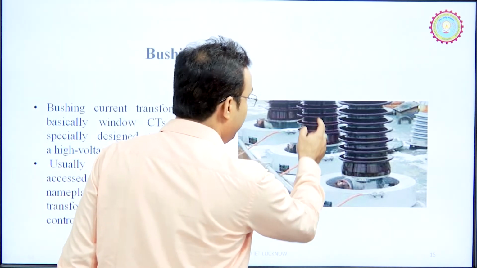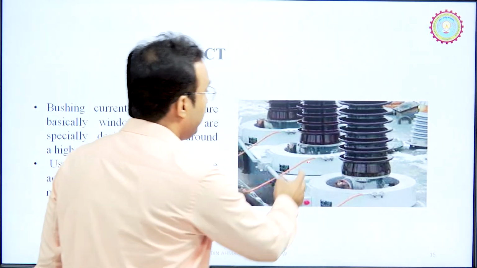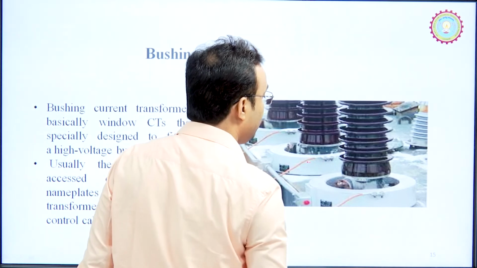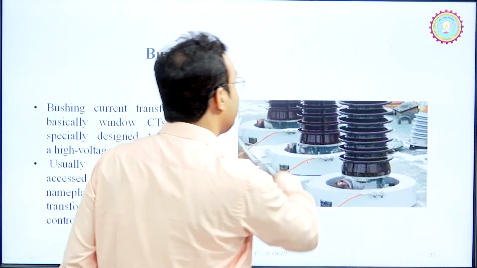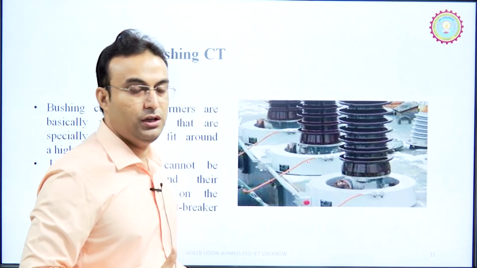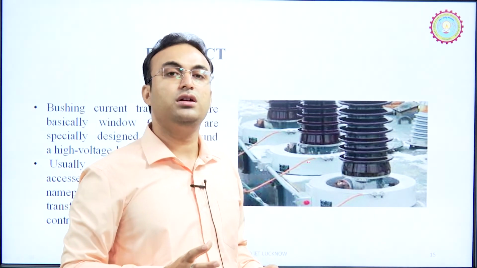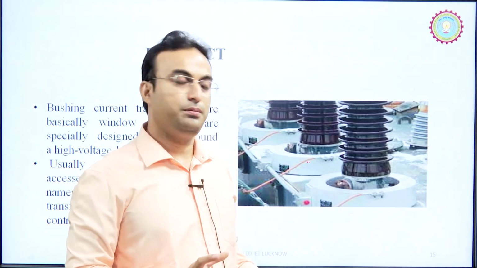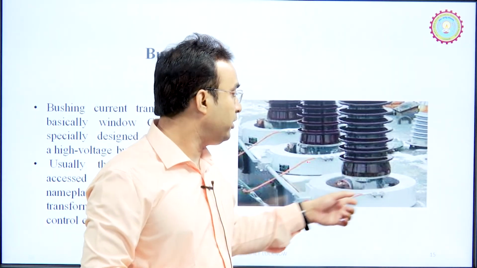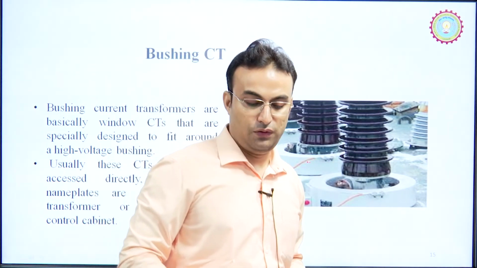So, bushing CT is there. With the help of bushing CTs we can measure the value of current, and bushing CT is a part of the transformer construction, the transformer body. So, generally we hardly see where this CT is placed, because this is part of the transformer. So, this is such a type of CT.